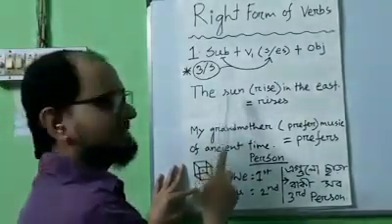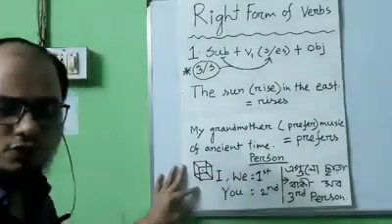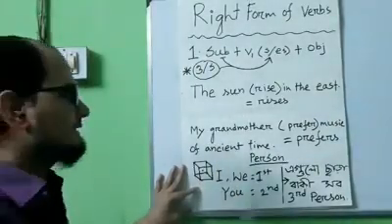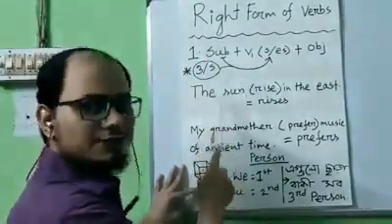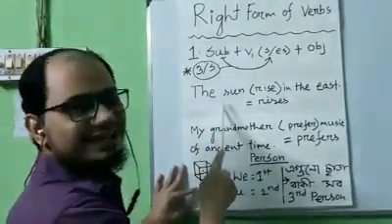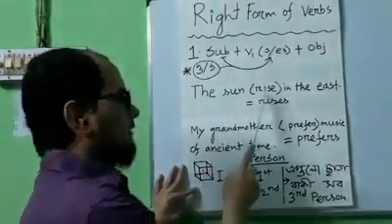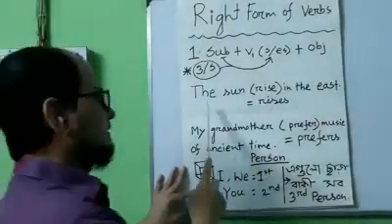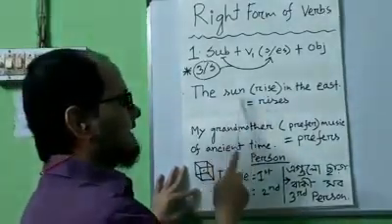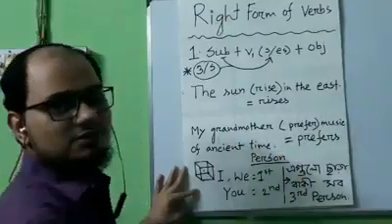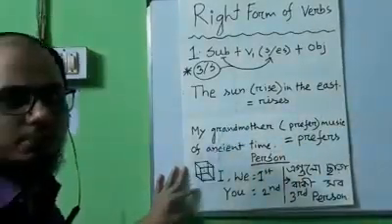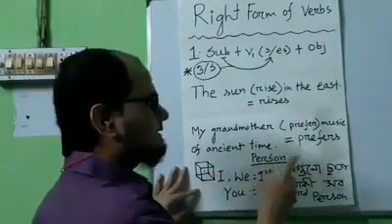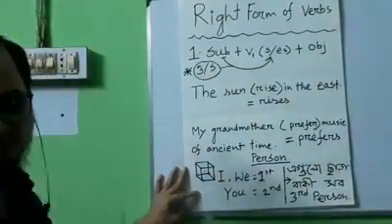And the subject is the sun, which is third person and singular in number. As the subject is third person and singular in number, we must add s, and then rise will turn into rises. The correct sentence will be: the sun rises in the east.